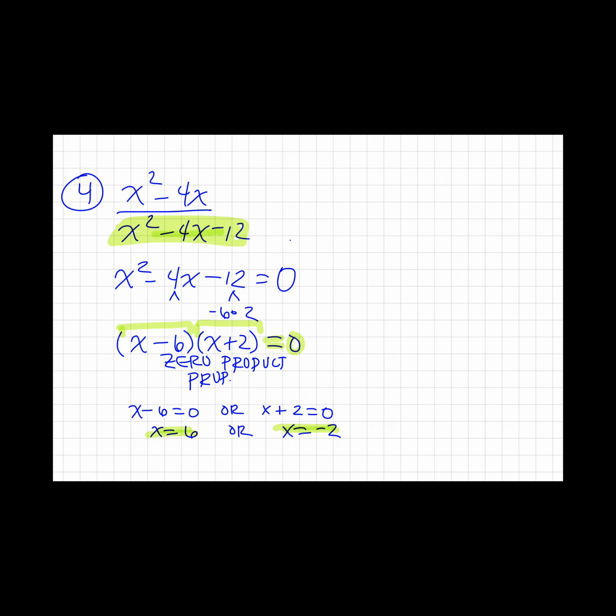I'm going to say that again. These are the values that will make my denominator equal 0, which means these are the values that will make my fraction undefined. And the question was, is this expression defined for the value of x equals -2? Well, since it's one of the values that will make my fraction undefined, I know this is not true.